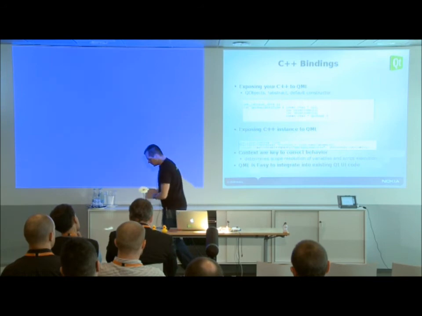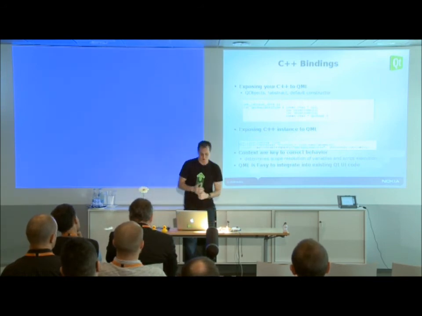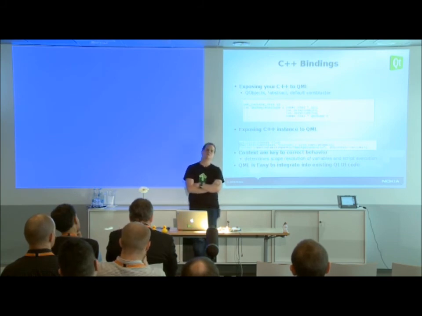Now let's talk a bit about the C++ bindings. So you can expose, as I said, since the beginning, your C++ to QML. Why do we let people do that? It's because we still think that there are parts of an application that you can't do in JavaScript, neither in QML.